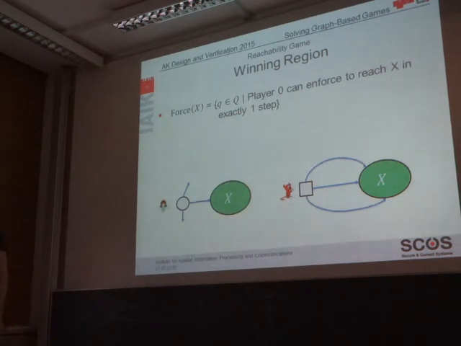However, if the picture looks like this, as we had it, namely that all outgoing edges of this box state go into this target region x, then this means that from here we can enforce that we reach x in exactly one step. So in this case, this state would be part of force of x. In this case, it's not part of force of x.